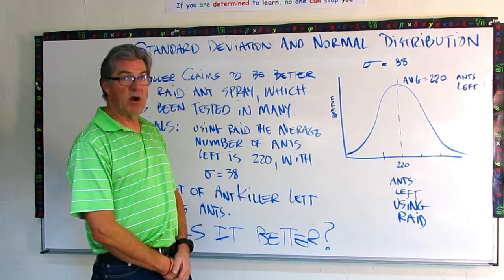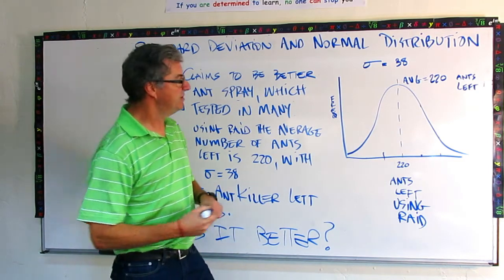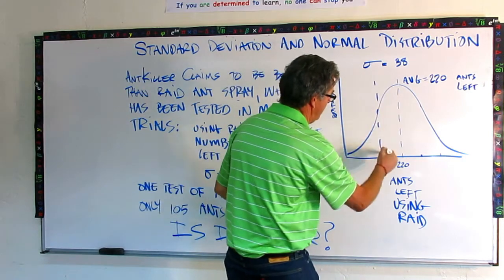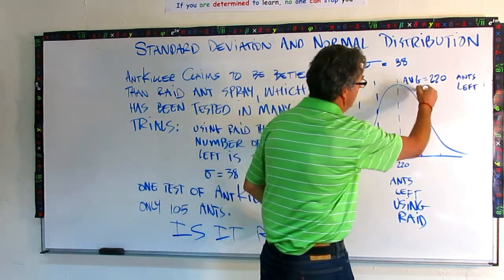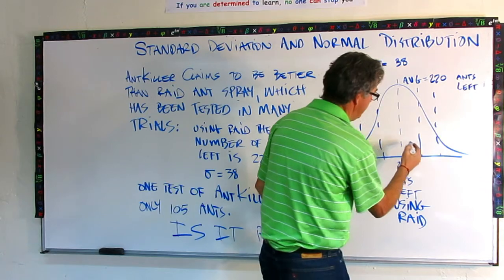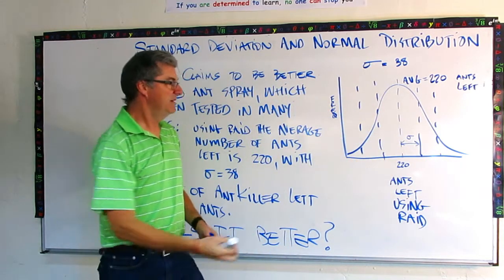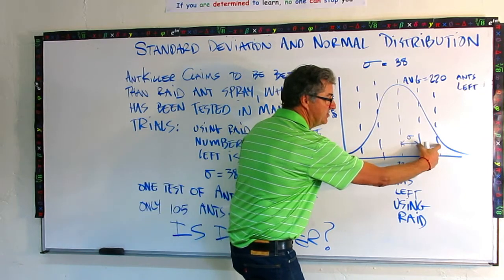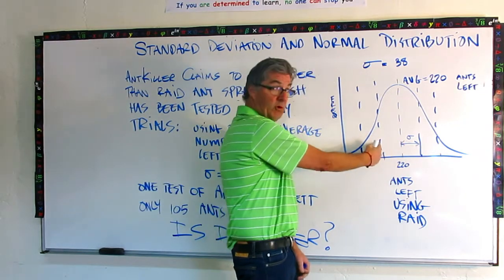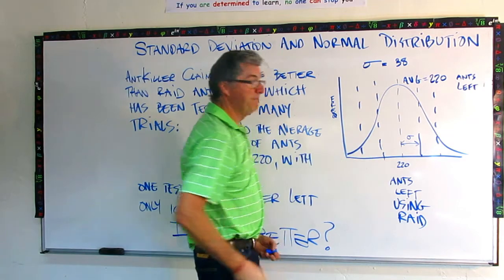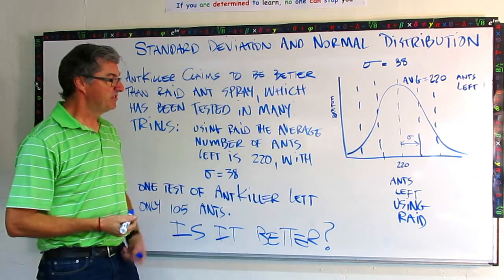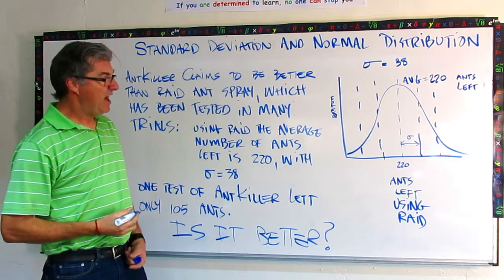And now we need to mark off our standard deviations. It goes on both sides of the mean, and that distance there is 1 sigma. So that's 1 away, that's 2 away. This one is also 1 away, and that one's 2 away. We need to mark off our values.